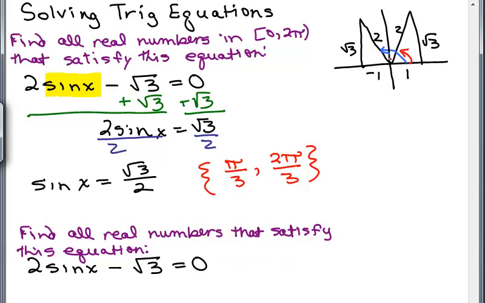So the easy way to do that, the way I think of it, is just the coterminal angles. If you add 2 pi, you get all the coterminal angles to pi over 3, and then if you add 2 pi to 2 pi over 3, you also get all the angles coterminal to that.